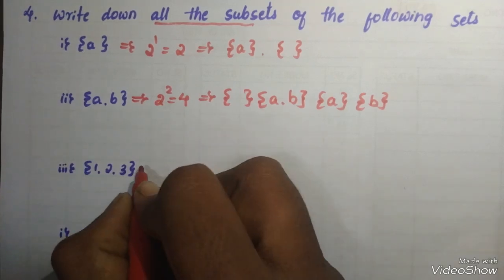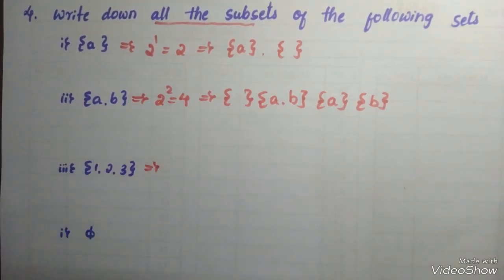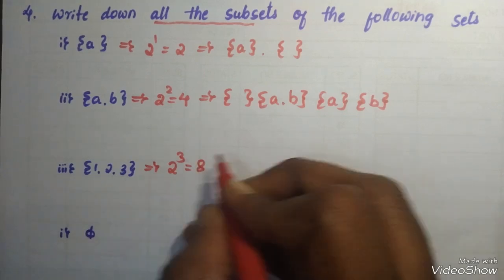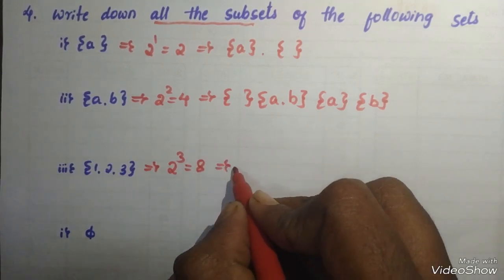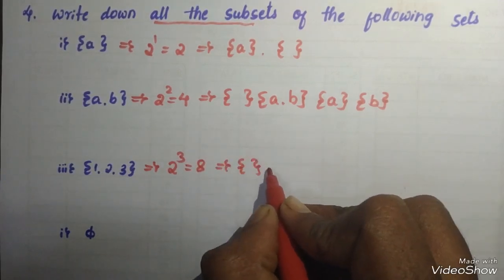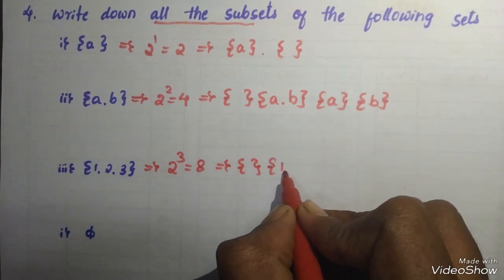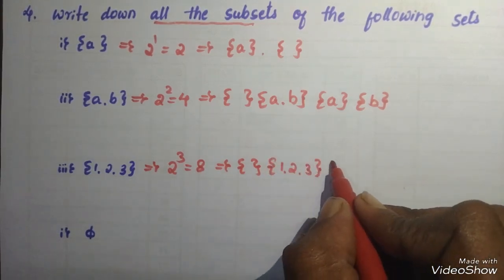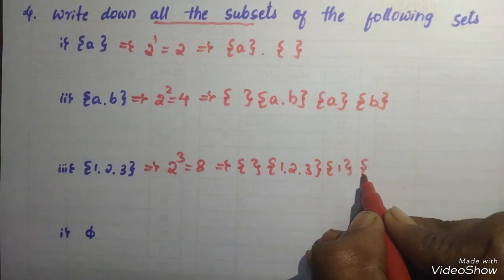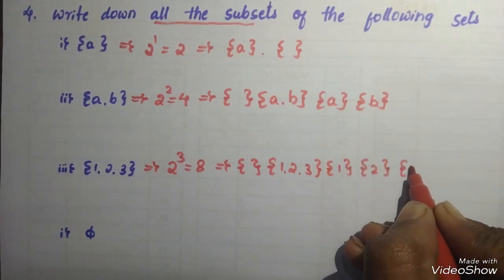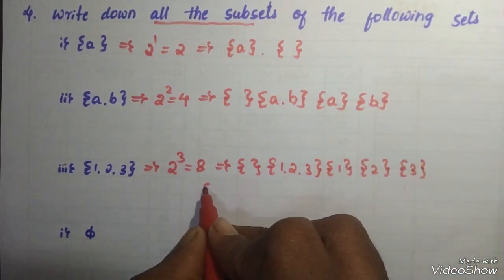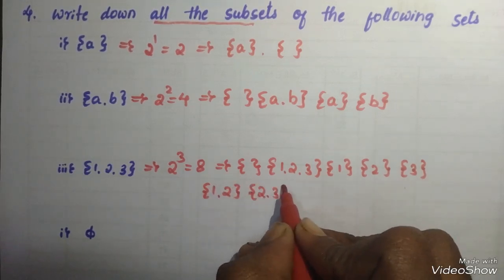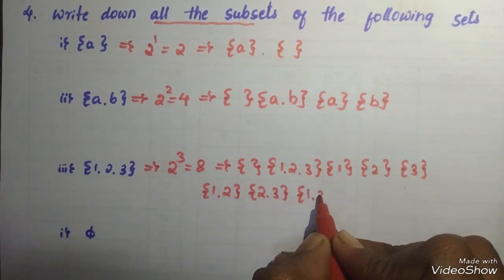Okay, here there are 3 elements, 2 to the power 3, therefore 8 subsets are there. What are those? Empty set, and again that set 1 2 3 itself a subset. Then singleton 1, 2, 3, then 1 comma 2, 2 comma 3, 1 comma 3.